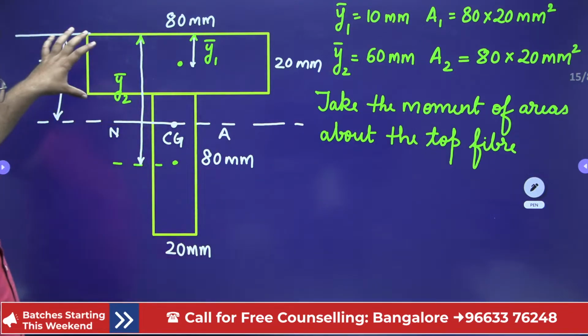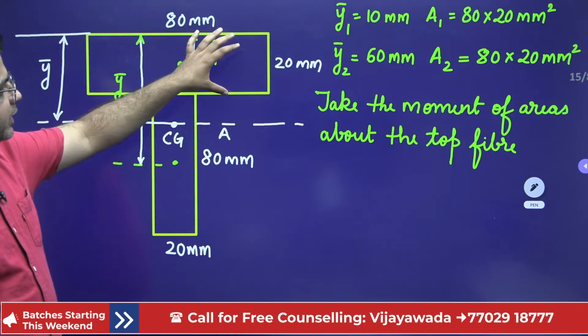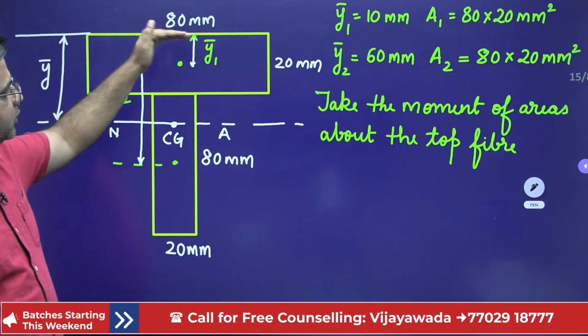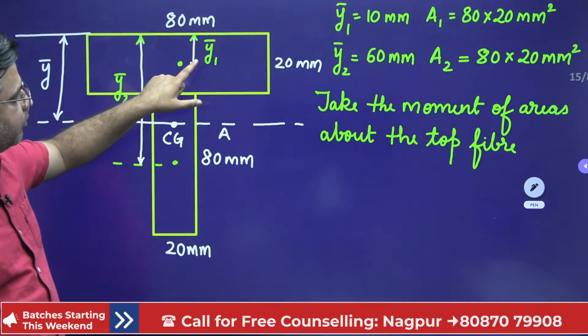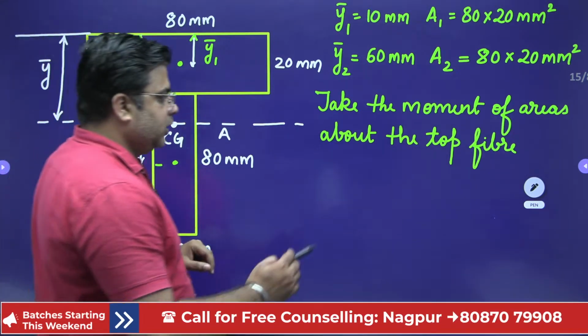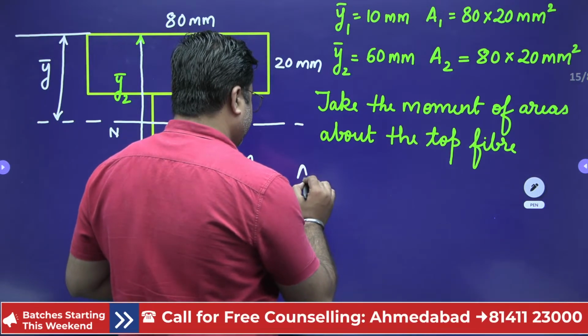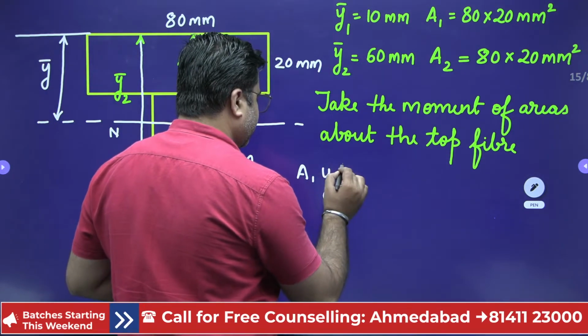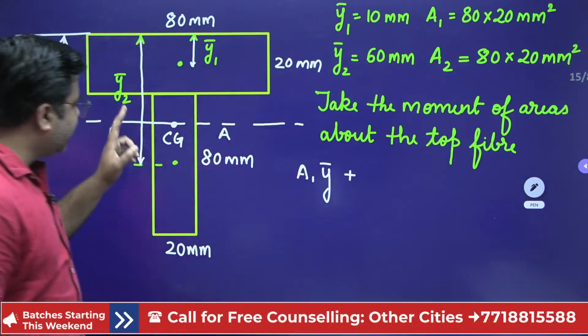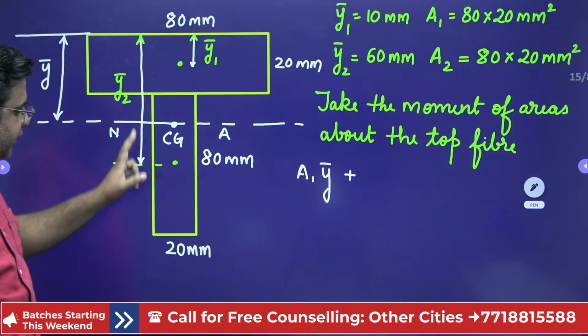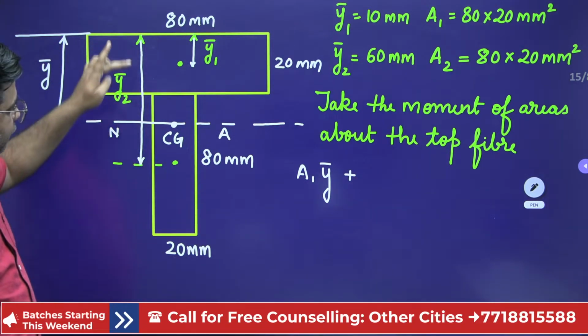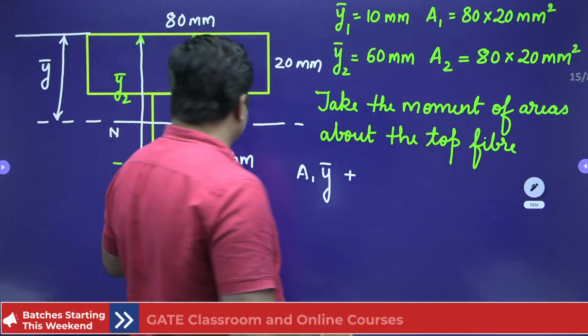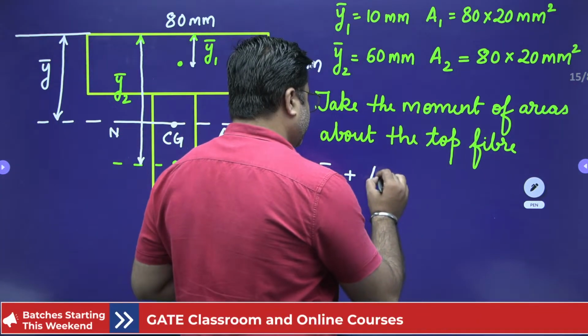So first area is A1 and for this area A1, the moment of area about the top fiber will be A1 multiplied by Y1 bar, plus the second area A2 into Y2 bar.